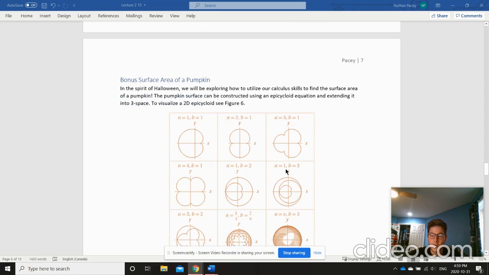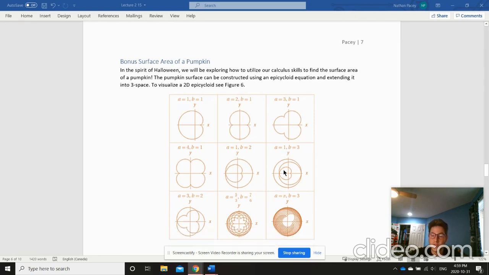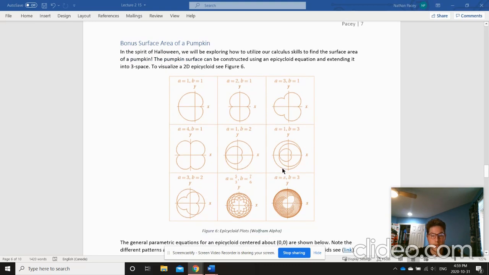So now, because it's Halloween, I wanted to do a bit of a bonus problem where we will use our skills in math to find the surface area, or an expression for it, of a pumpkin. So first we need to build our pumpkin using our knowledge of two-dimensional shapes.